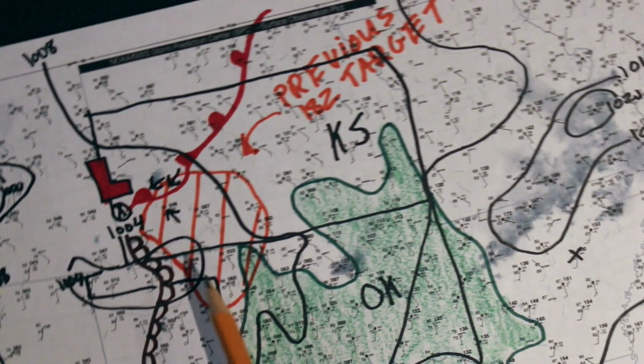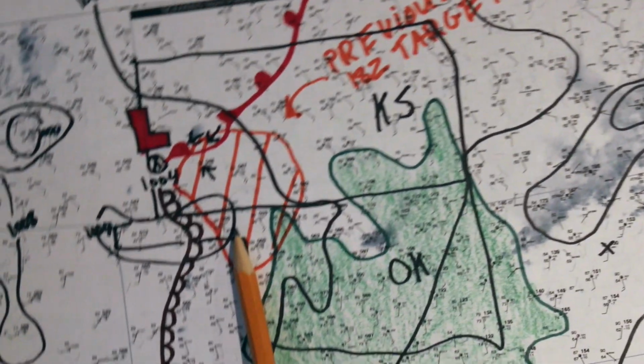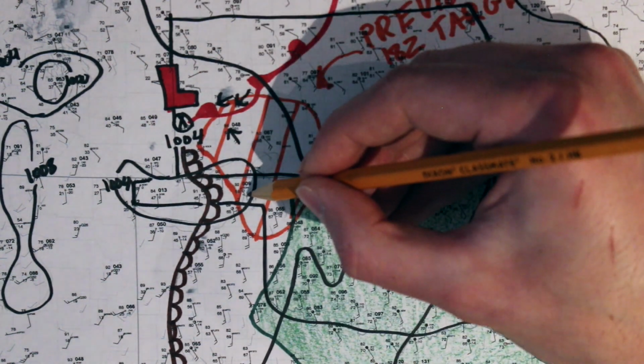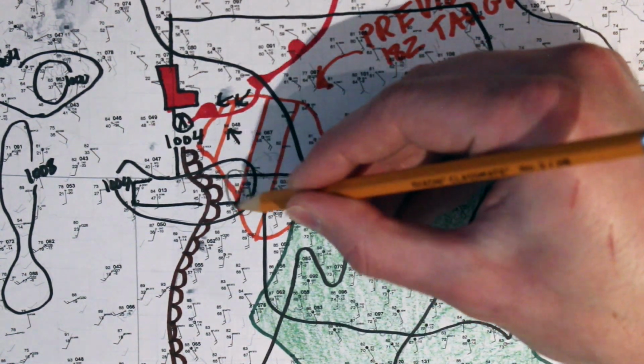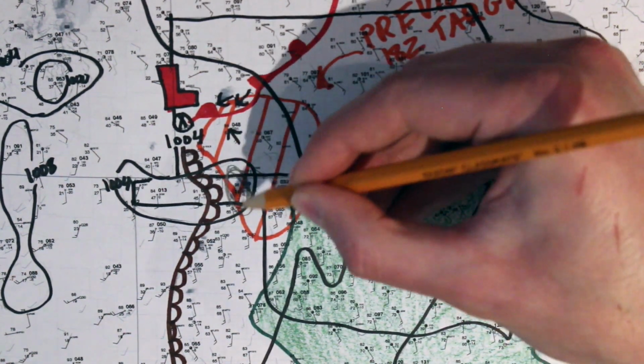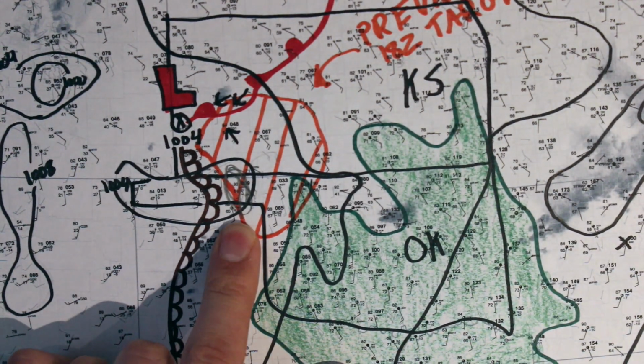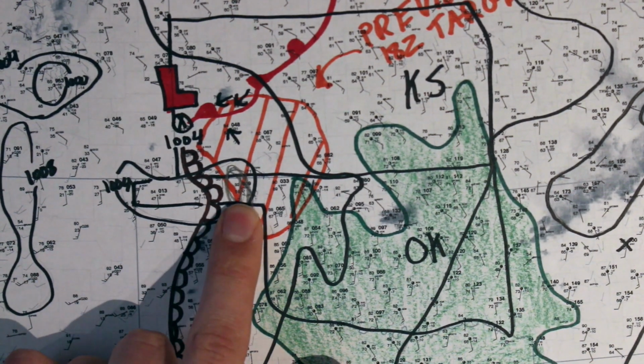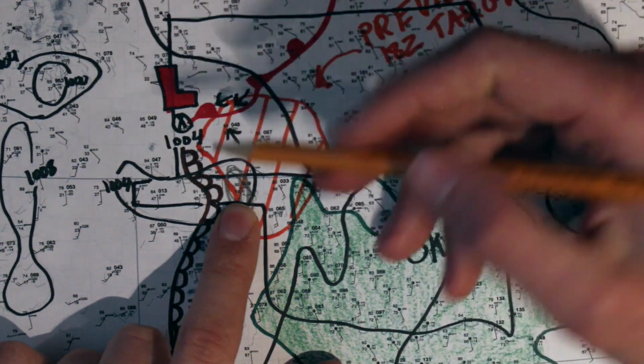Now it is showing 59. So based on our previous observations, this area, no good. Not a good area. Moisture is decreasing, which means the dry line is getting too close to that area.